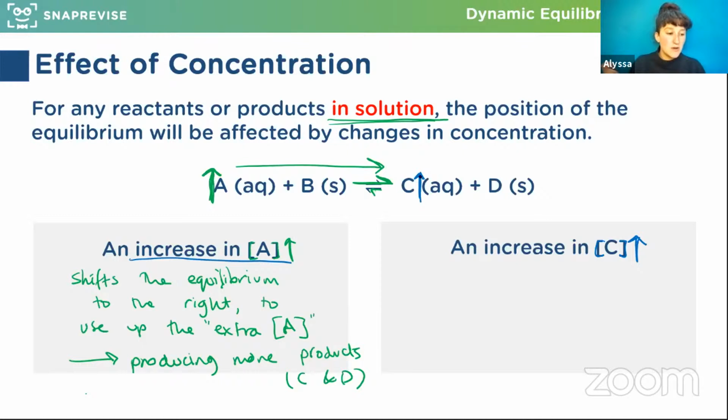Yes, well done, guys. It's going to shift it to the left in the direction of the backwards reaction. So this shifts the equilibrium to the left. Or it's perfectly acceptable for you to say in the backwards direction.